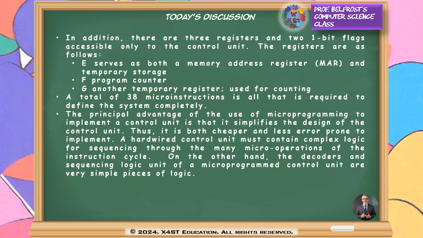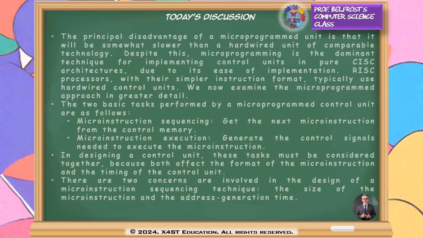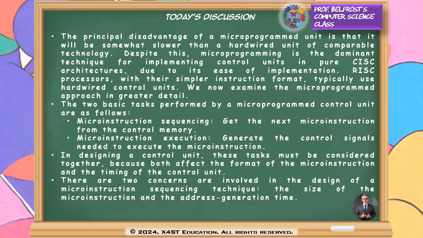On the other hand, the decoders and sequencing logic units of a microprogram control unit are very simple pieces of logic. So this is the advantage of microprogram over the hardwired.